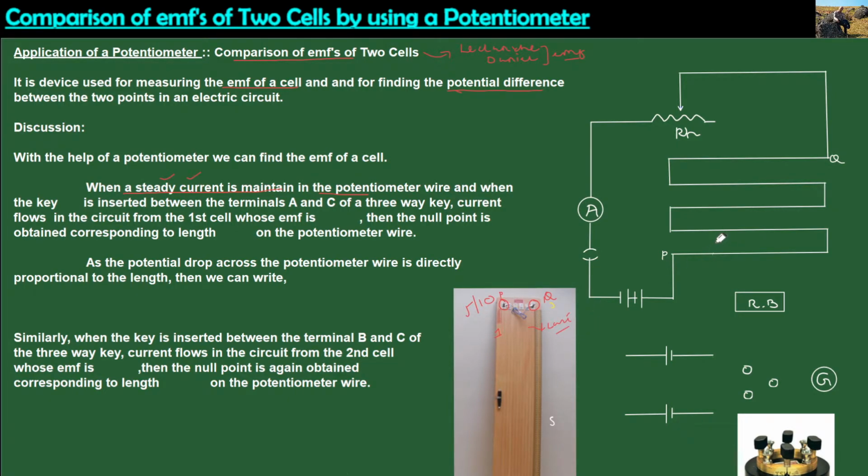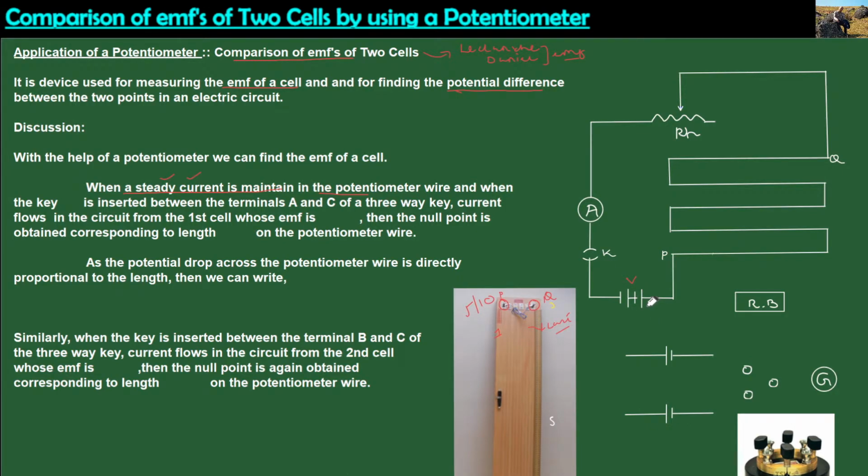Let this battery be connected across these two terminals of the potentiometer wire, and let the potential of the battery be denoted by V. We have this key here, let this be the 1V key, and by inserting the plug, current will flow in the circuit.